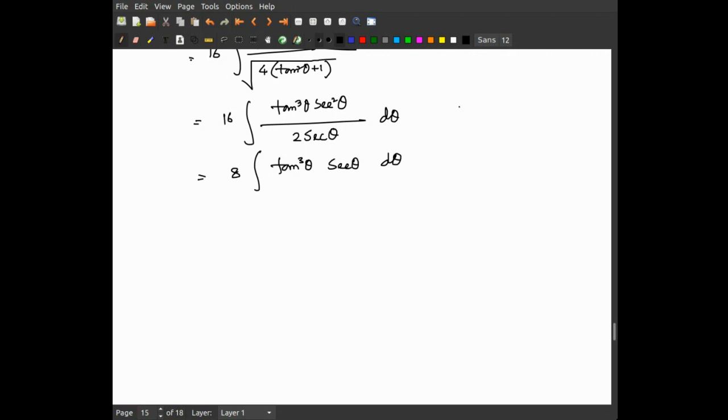In this case the answer is no. So the next strategy is to take one secant theta and one tan theta out. In this case this would be tan squared theta, and I can write secant theta times tan theta d theta at the end. And now we will use our substitution, u equals secant theta. Then du equals secant theta tan theta d theta.